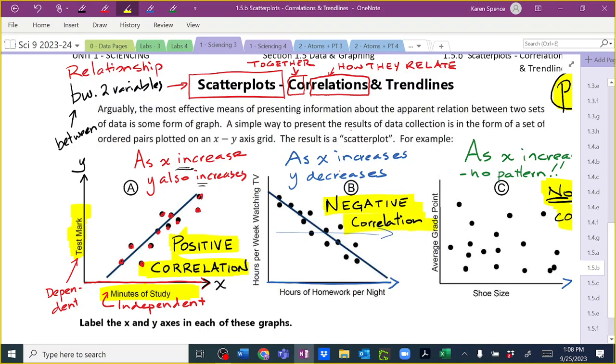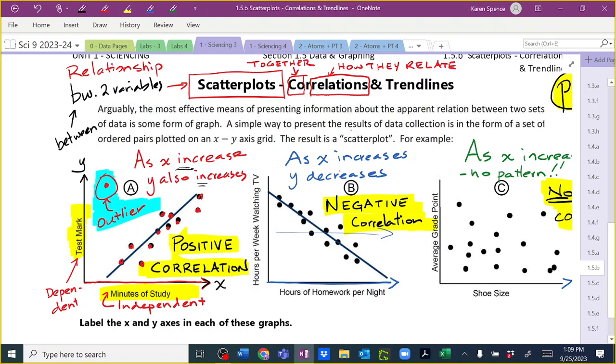In fact, you might have, and I'm going to give you another little extra here. There's always that one person, right, who spends no time studying, and yet they're a genius. You know what I mean, right? And they just score really high anyway. That point right there, that's what we call an outlier. An outlier lies outside of the regular trend of the data.